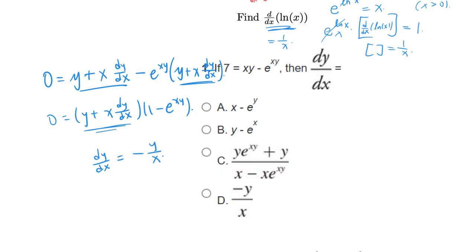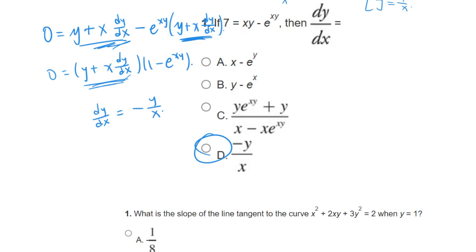This is one of the more unusual cases because here you could just directly take out this factor. But usually what you should do is expand out and then solve for dy over dx. But here we have this very nice common factor that allows us to directly solve this. So the answer is D.